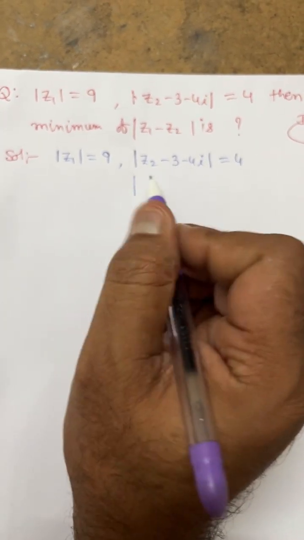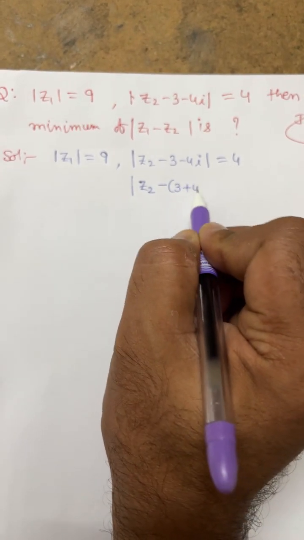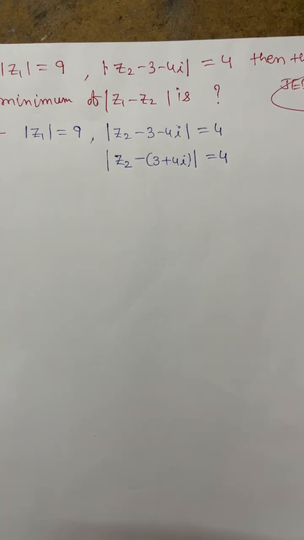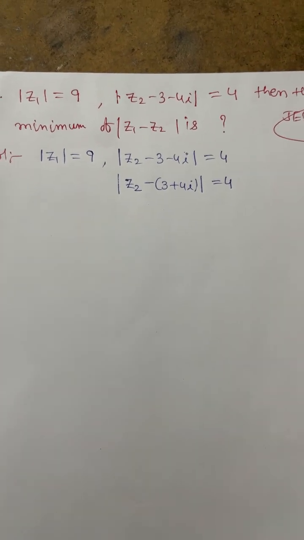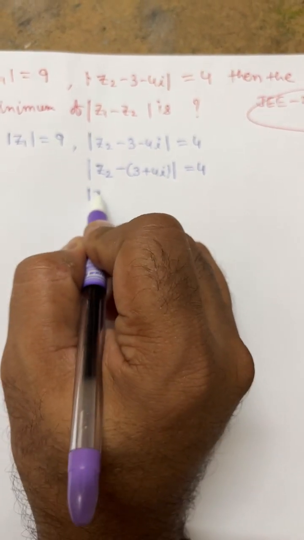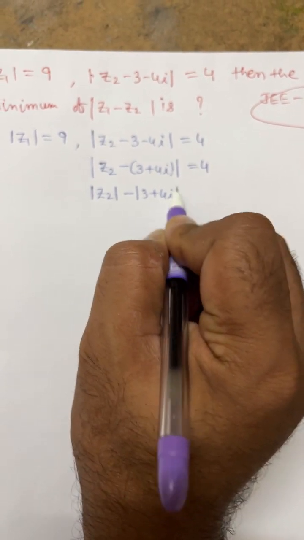This can be written as mod z2 minus, if you take out common, 3 plus 4i is equal to 4. So it is in the form of mod z1 minus z2. So we can split into two: mod z2 minus mod 3 plus 4i is equal to 4.